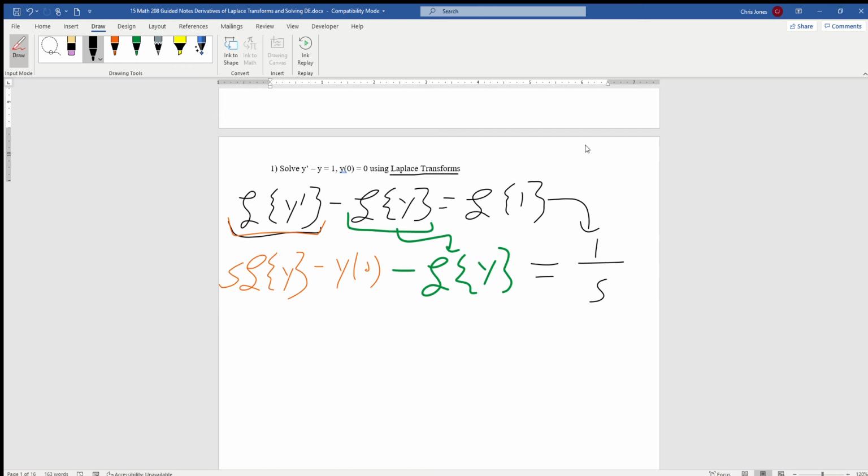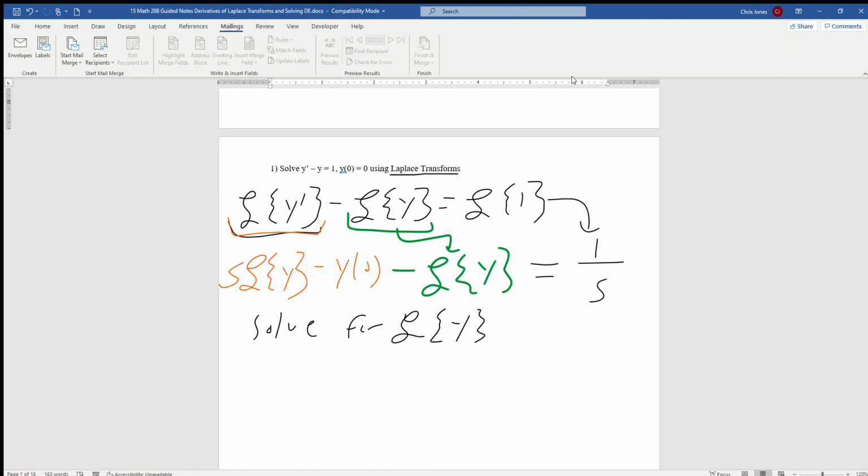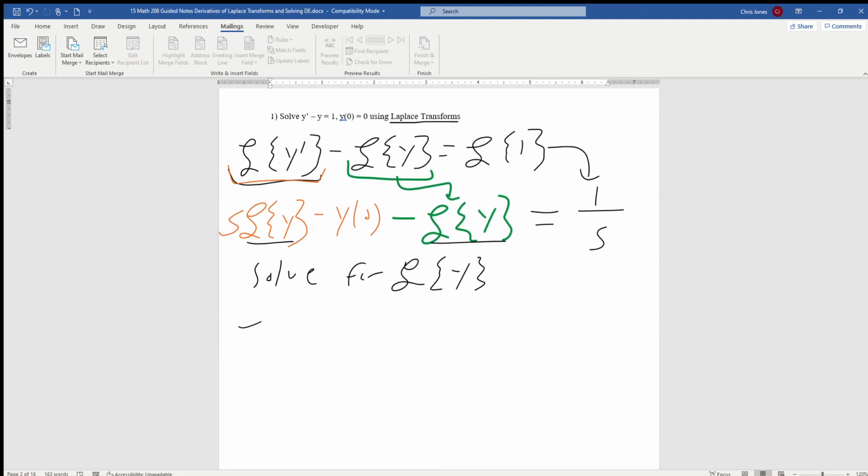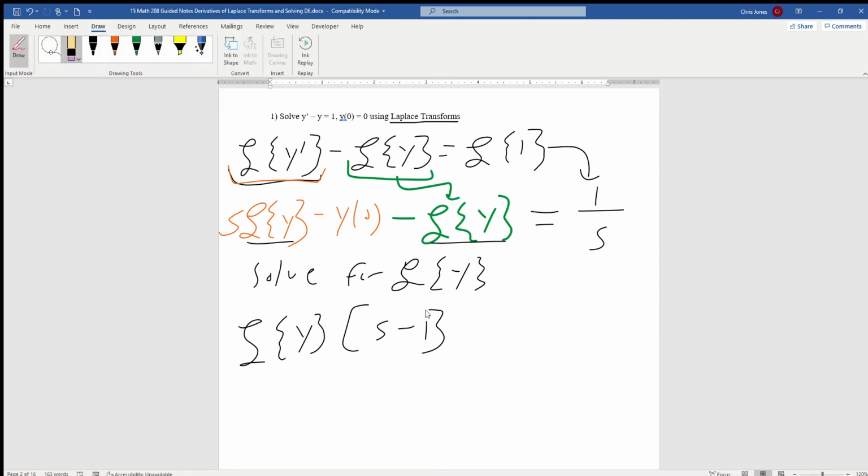Now, at this point, the goal is to solve for L of y. And to do that, we'll notice that we have an L of y and an L of y, so we could just factor that out. So that's going to be L of y, and we're going to be left with s minus 1. Now, if you don't trust me, you can just distribute that back out.